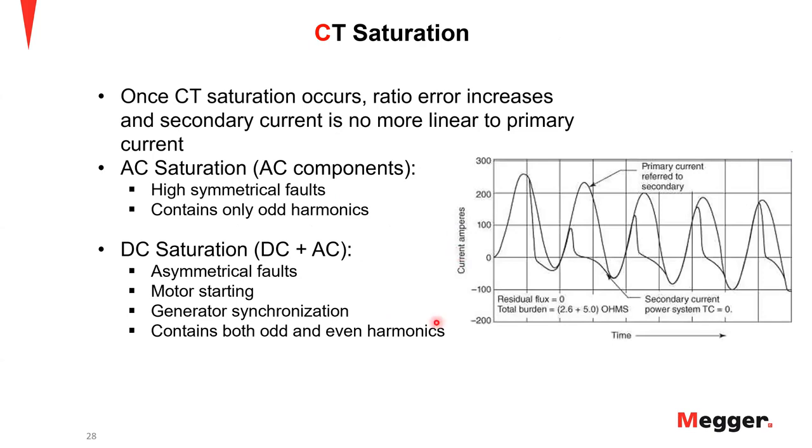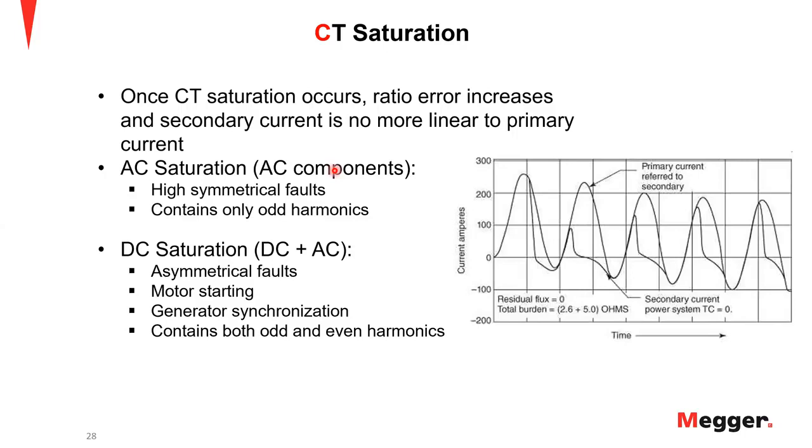CT saturation. Yeah, we have come across this many times in our careers, usually in the protection field especially. So when CT saturation happens, we know that the secondary current is no more linear to the primary current, right?